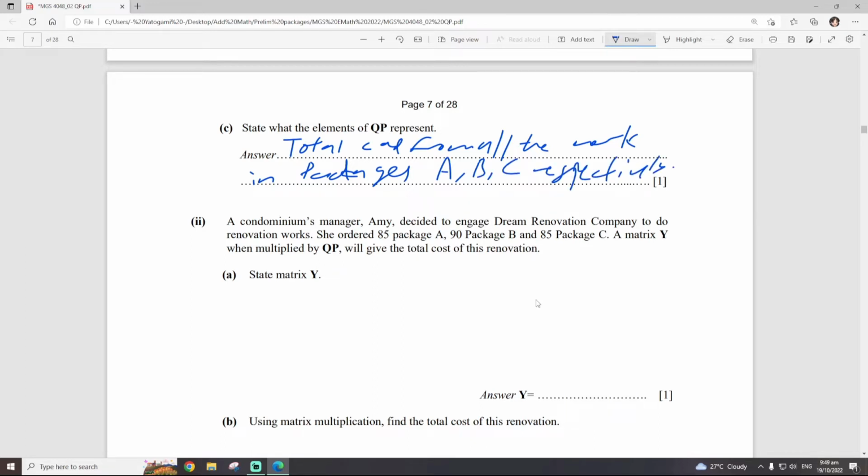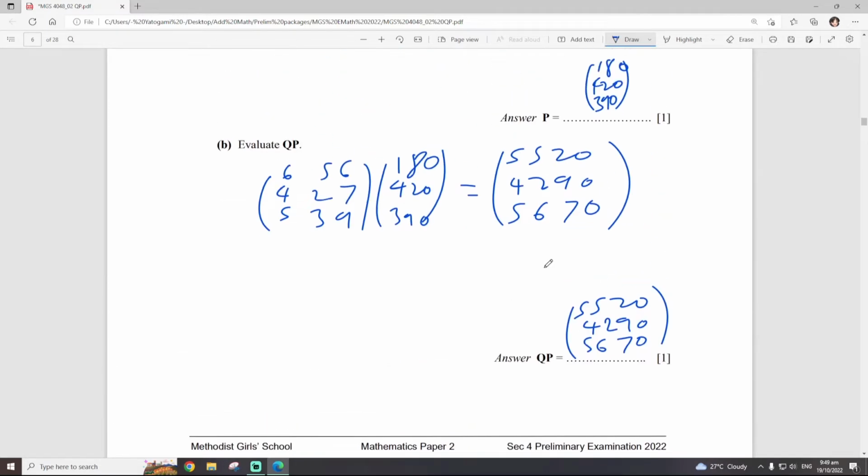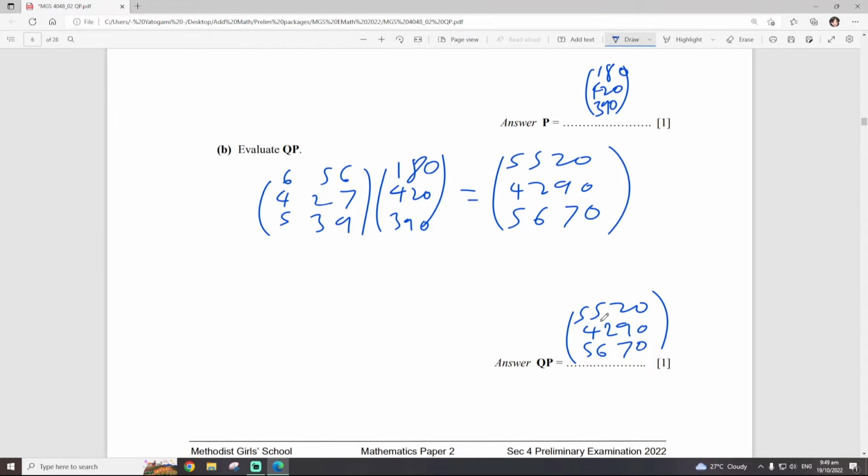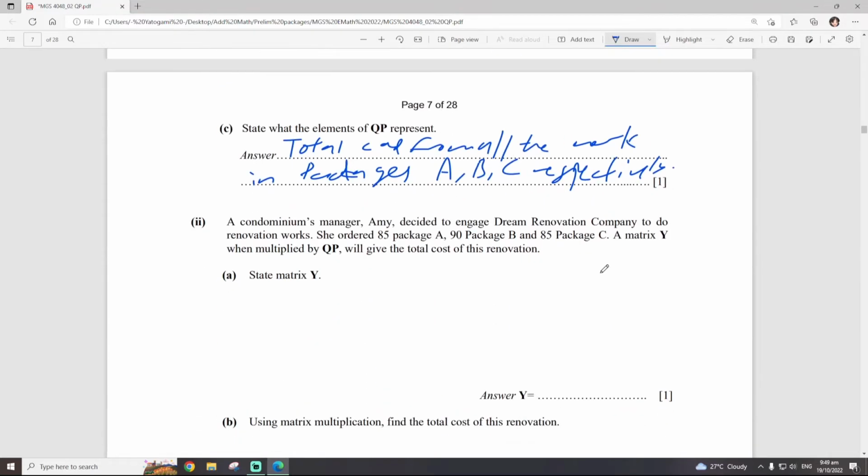Okay, a condominium manager decided to engage the company to do the work. A matrix Y when multiplied by QP will give the total cost. So this is the cost per package, a 3 by 1 matrix. You need a 1 by something matrix to multiply this. And in fact, you have 3 items here, so it will be a 1 by 3, right?